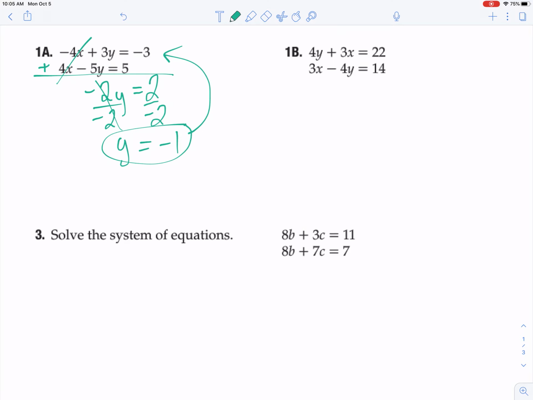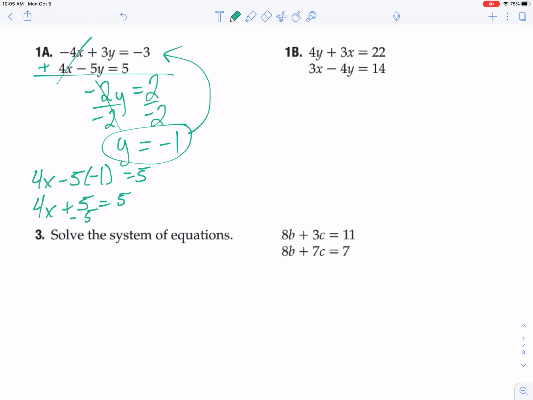I think I'm going to do the bottom one. I like 5s better than I like 3s. So 4x minus 5, plug in that negative 1 for y, equals 5. 4x, a negative times a negative makes a positive 5, and it equals 5.